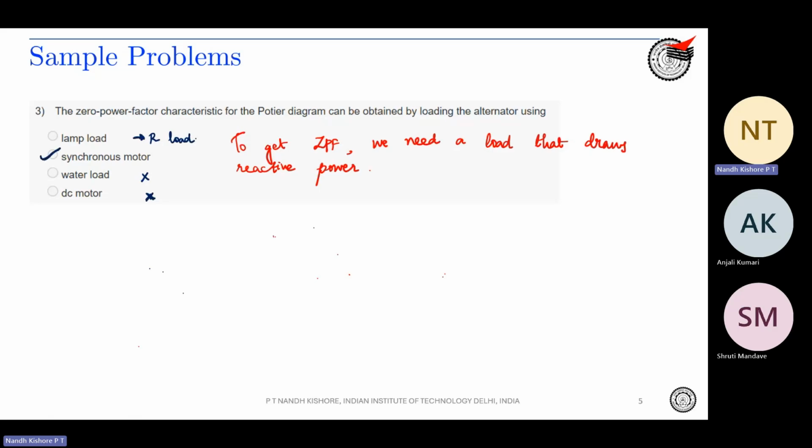Right? So I can load my synchronous motor because an overexcited synchronous motor behaves as an inductive load.